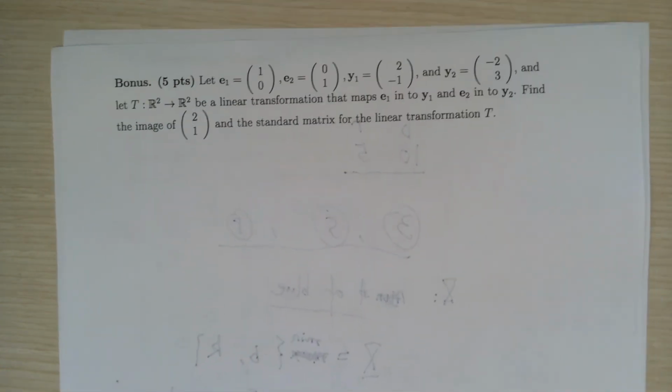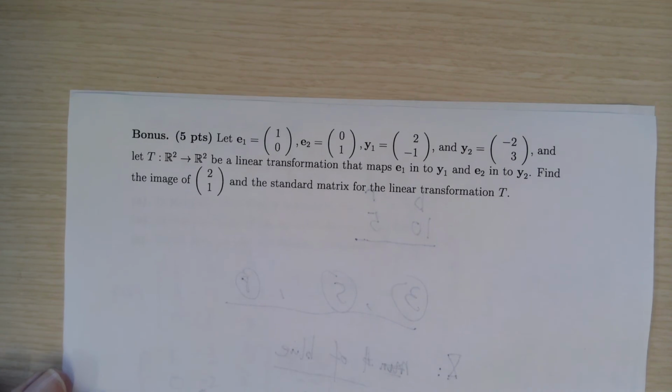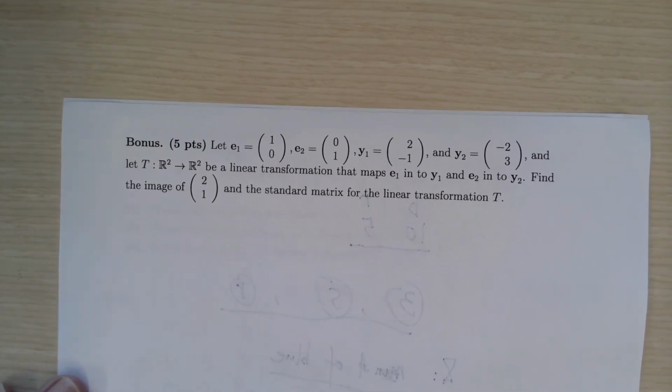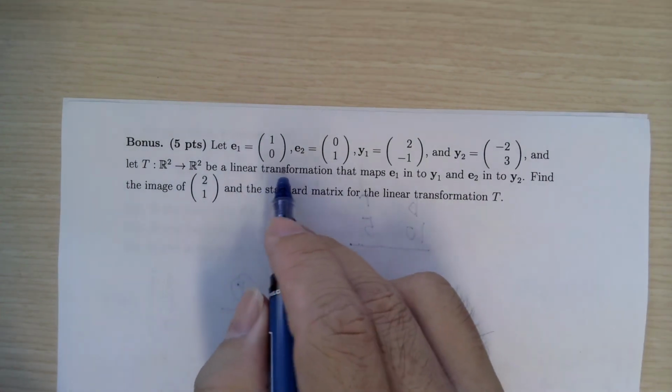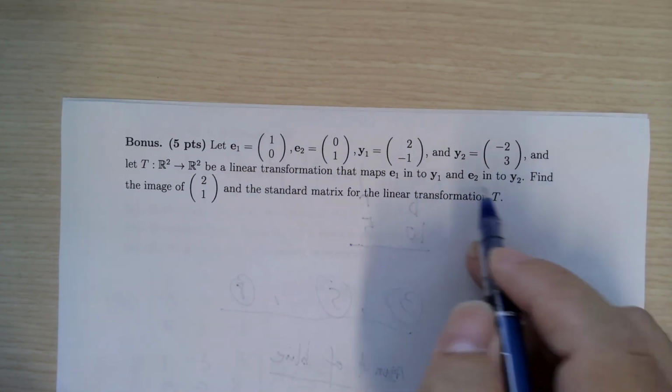Number 6. We also have a very teeny tiny problem as the bonus. So it just said that e1 becomes this, e2 is this, y1 is this, y2 is this.